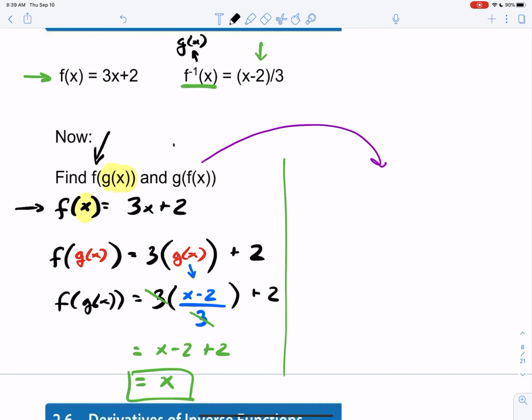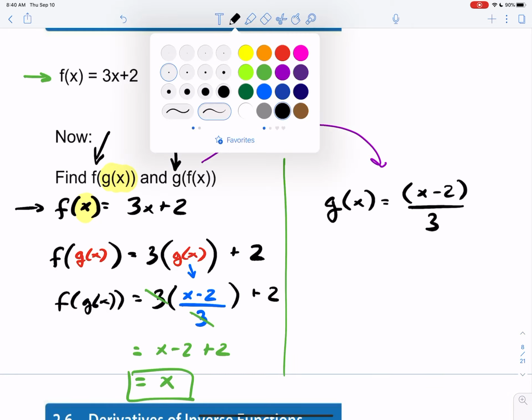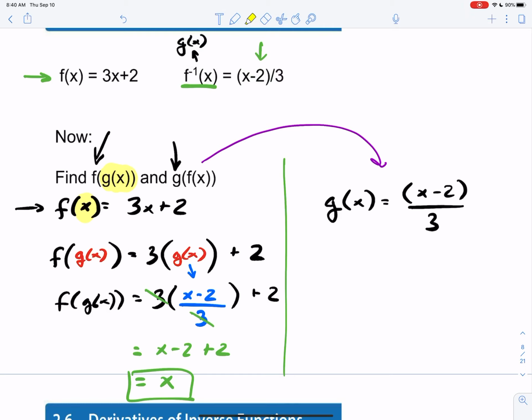Okay, so I noticed that the outside function is g, so I'm going to start off with g. Now I could write f inverse of x, but I'm just going to write g to make it easier. G of x is the quantity x minus 2 all over 3. I notice that the inside function is being replaced by an f of x.